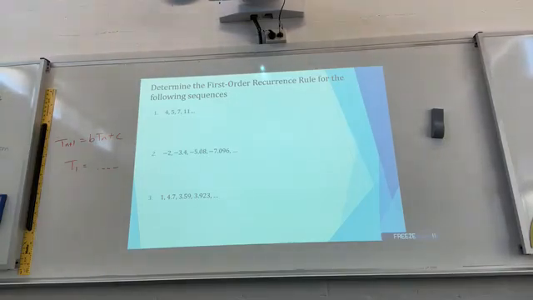I got 1.4 divided by 4 equals J. Did you get 4? That's question 2.